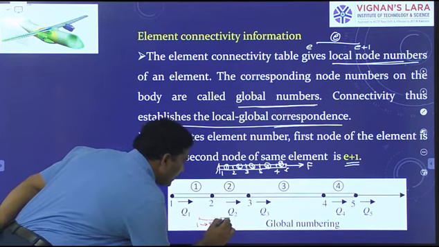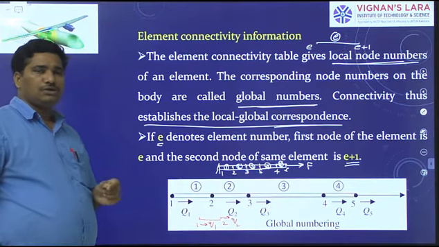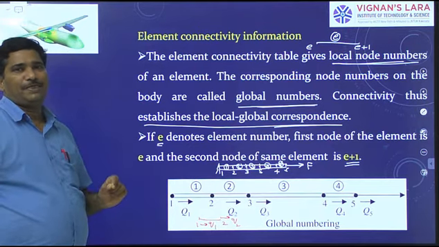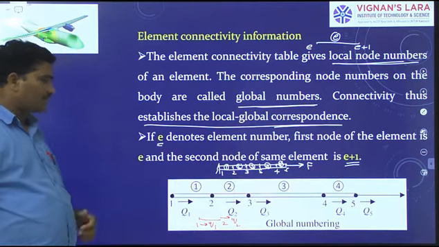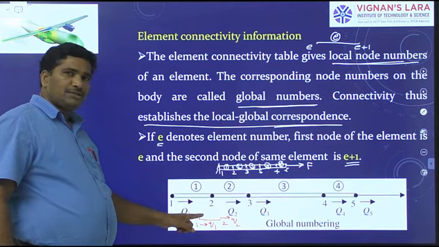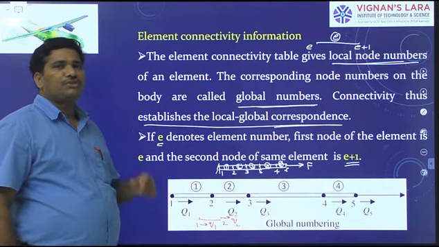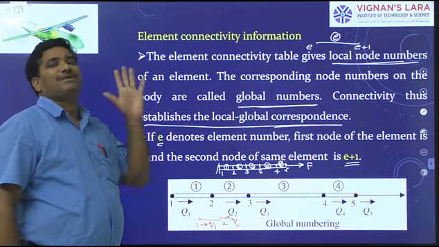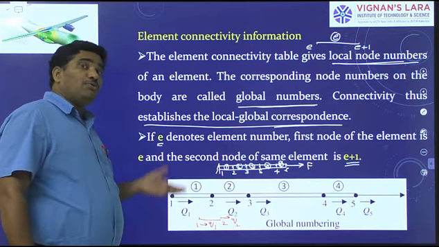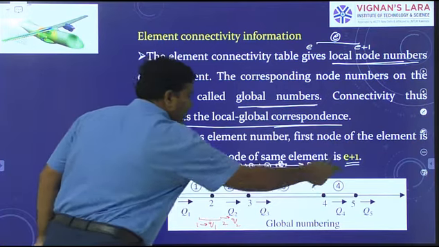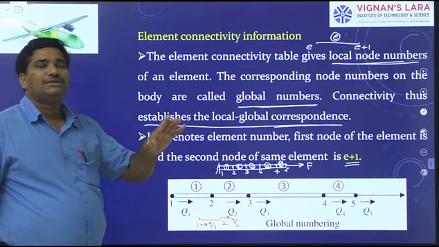As I said, I use small letter q to denote the nodal displacement of the element. This is the convention; don't get confused. When I take an element, the nodal displacements of the element are denoted by small q's with corresponding subscripts, q1 and q2. When the same nodal displacements are taken on the domain, I use capital Q's with corresponding subscripts. That's all.